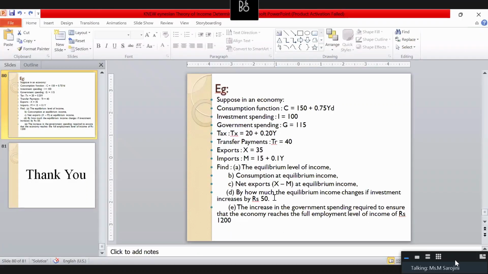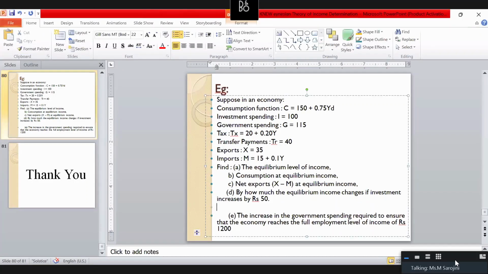Also with this one, you are requested to derive the foreign trade multiplier, right?